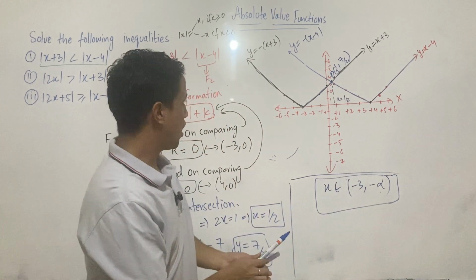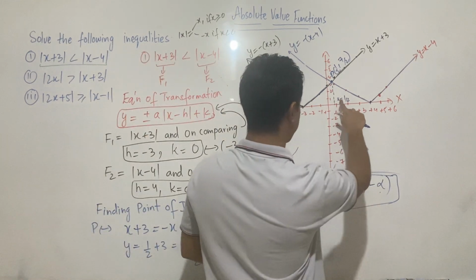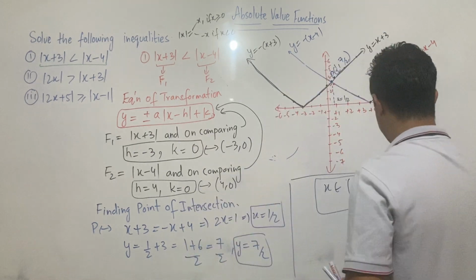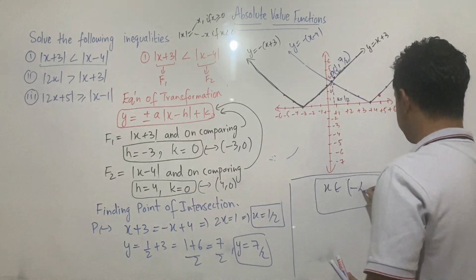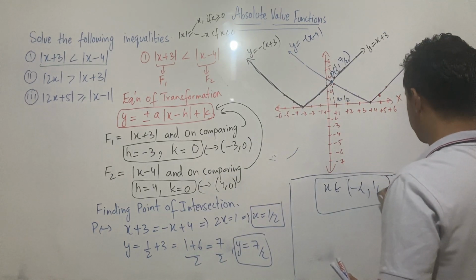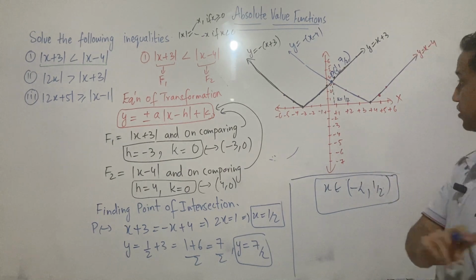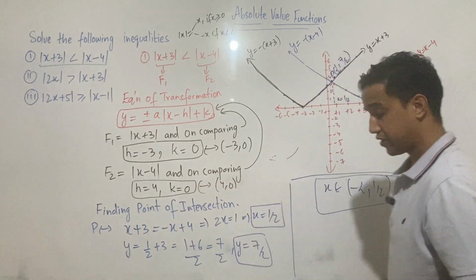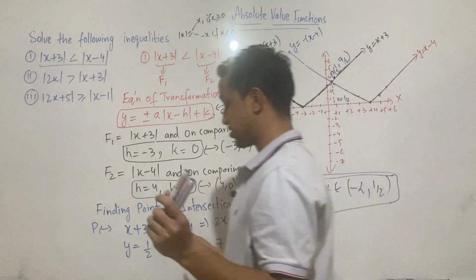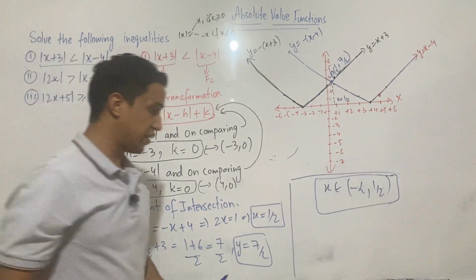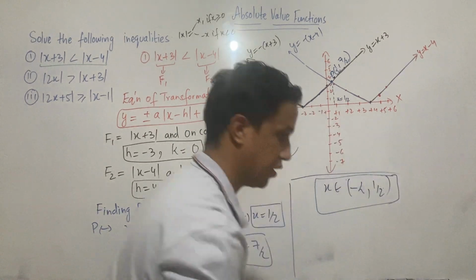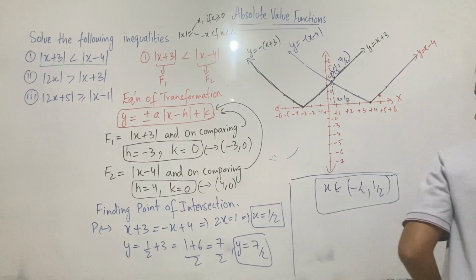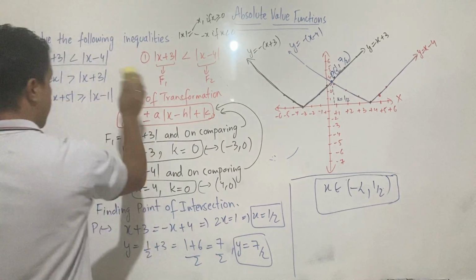Sorry, not minus 3. It's going to be minus infinity to 1 by 2, from here to negative infinity. I hope this makes sense. Let's move to the next one.